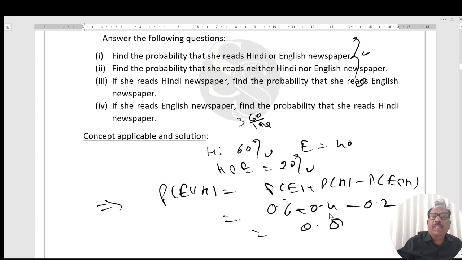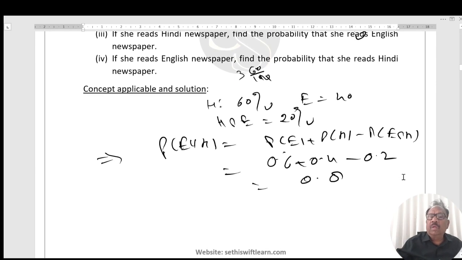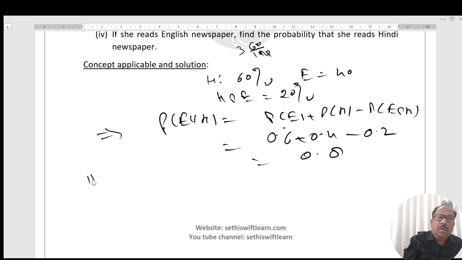Next, find the probability that she reads neither English nor Hindi. Means we have to find P(H' ∩ E').